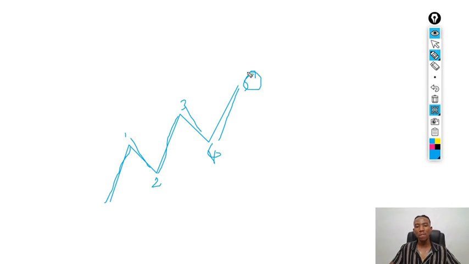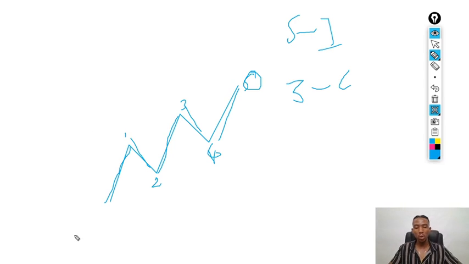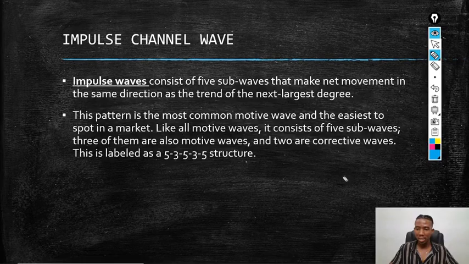It consists of 5 movements, hence it's called a 5-3-5-3-5 structure. Our 5s represent impulse moves, and our 3s represent a correction. We have an impulse move, a correction, impulse move, correction, impulse move. So it's an overall bullish movement. All of this is our impulse wave. It's an overall buy. Okay? So let's continue with the lesson.